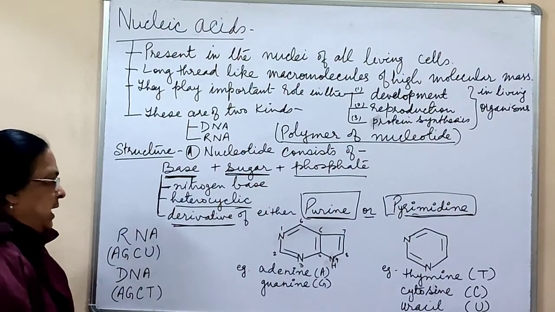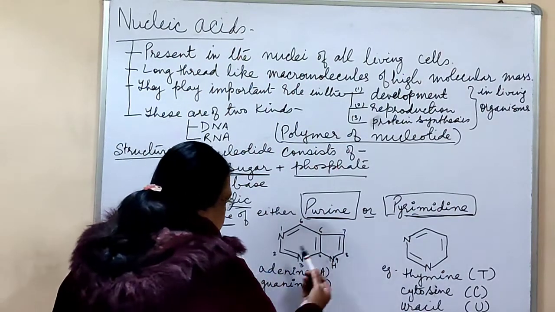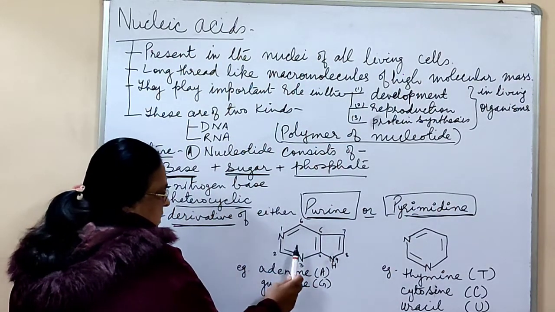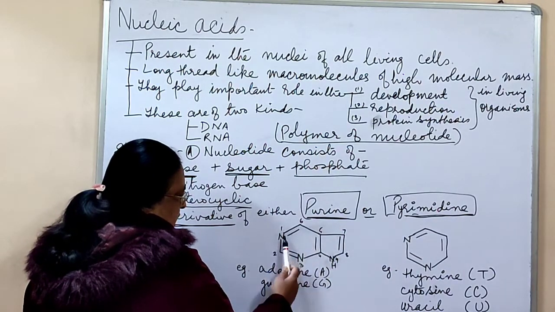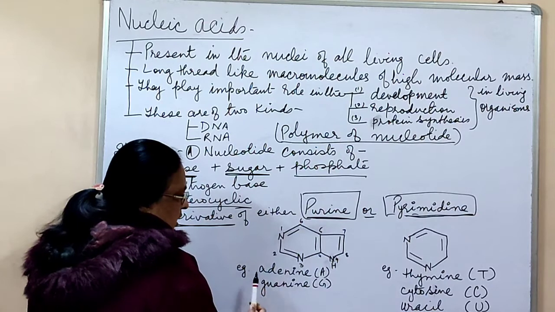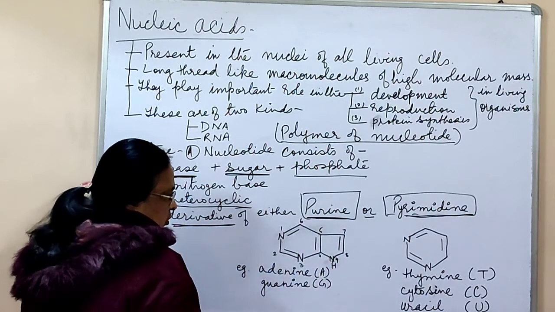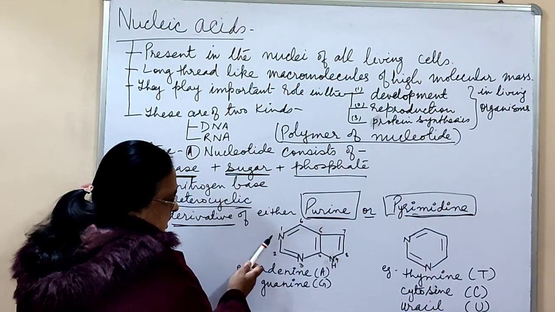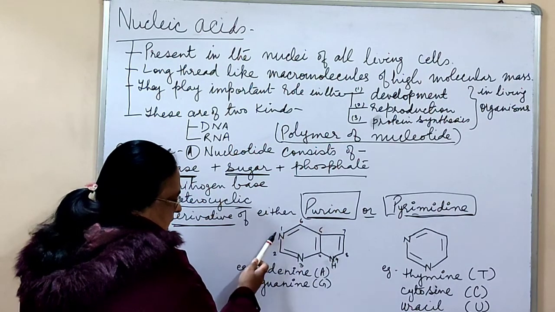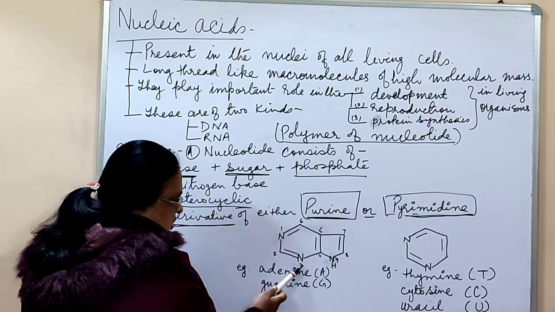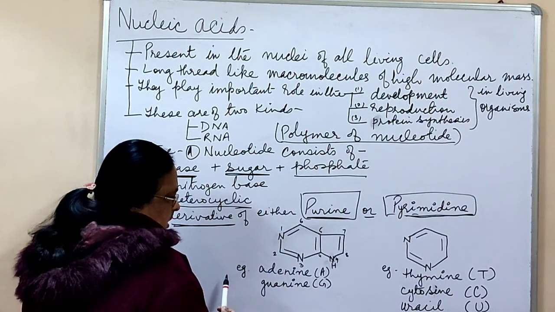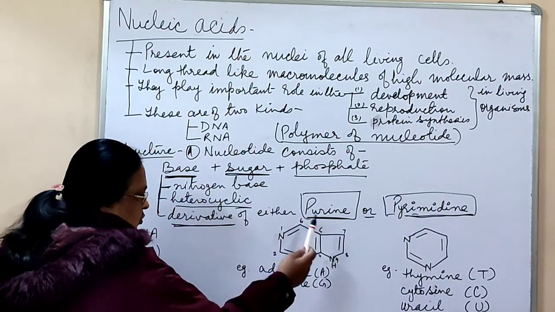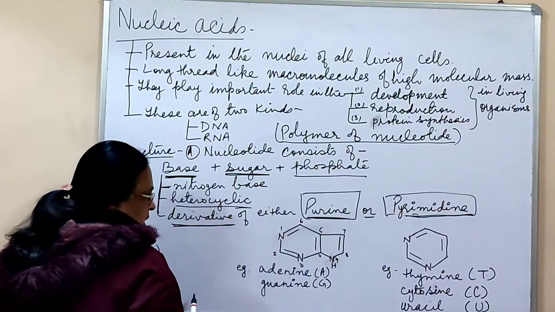They are purine and pyrimidine, and the structure also you need to know. So you can see that purine consists of this structure: one hexagonal ring attached to a pentagonal ring, and you can see at three places, at position 1, position 3 and position 9, instead of carbon, a nitrogen atom is there. So you must know the structure.